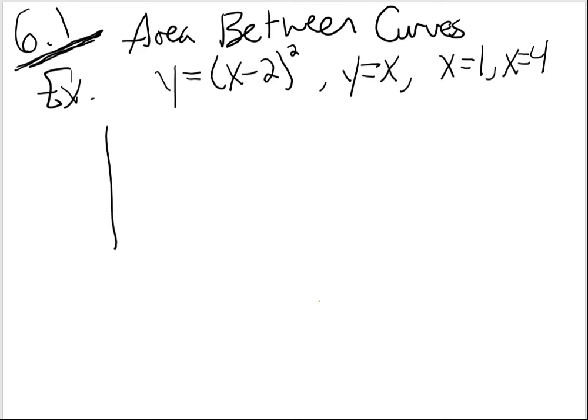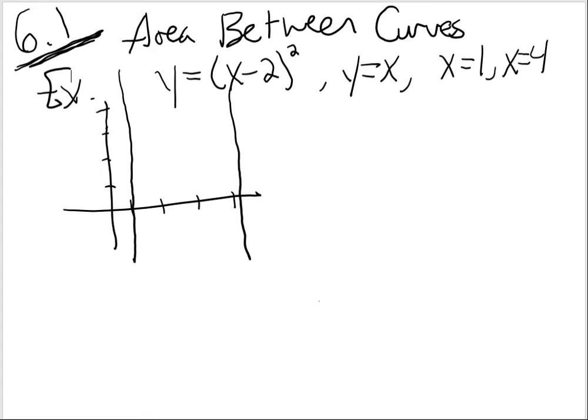What does this look like? Well, you have the line x equals 1. Looks something like this. x equals 4 is over here. And then we could plot points with this parabola, and what you'll get is a parabola that looks something like this. I'm not making it U-shaped enough, but I apologize.